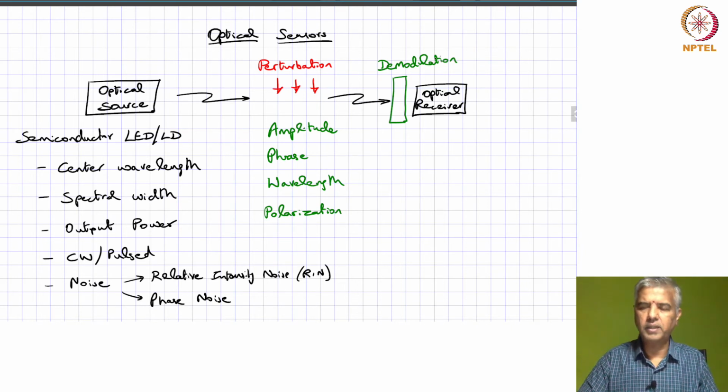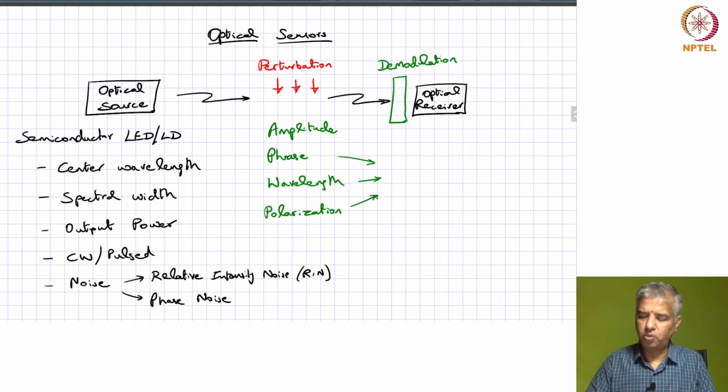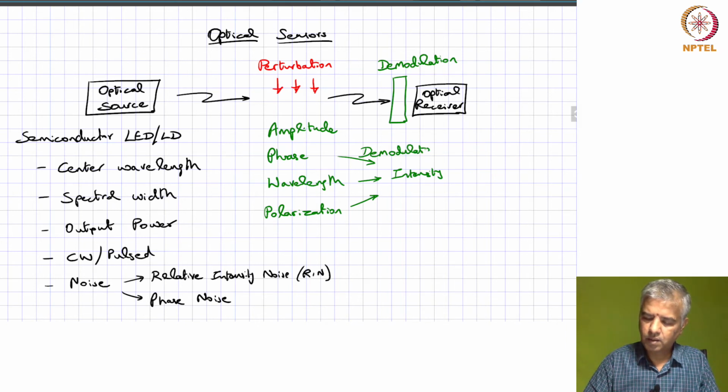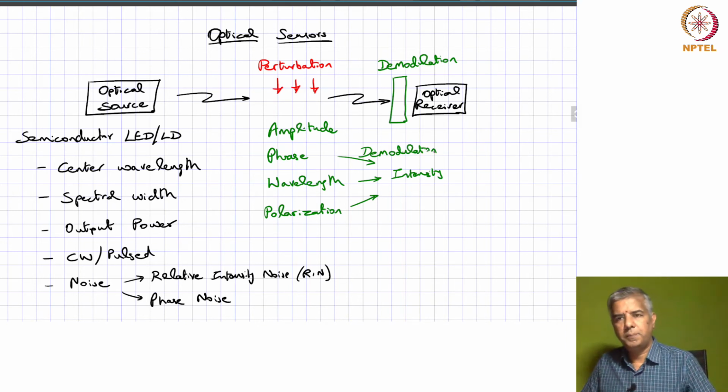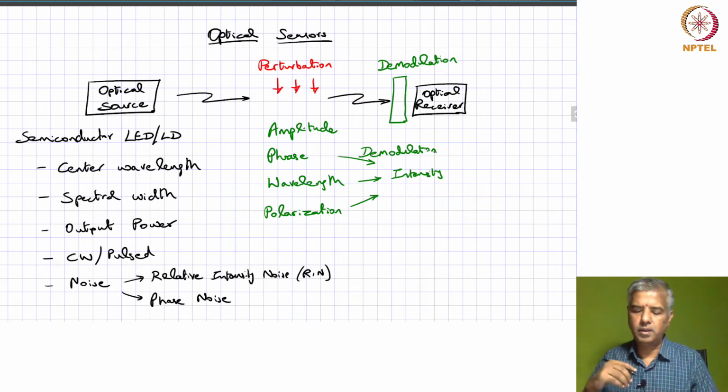So what is the demodulation we are doing? Well, we are essentially converting changes in phase, wavelength or polarization into changes in the amplitude or intensity of light. This is what we call the demodulation process. So that is typically the scenario that we are looking at.